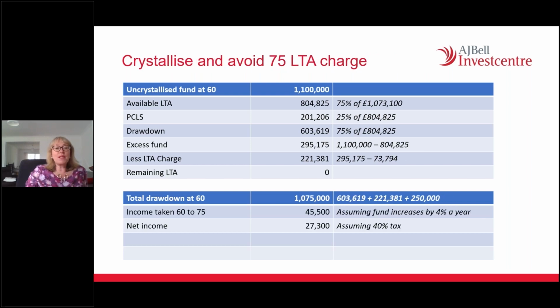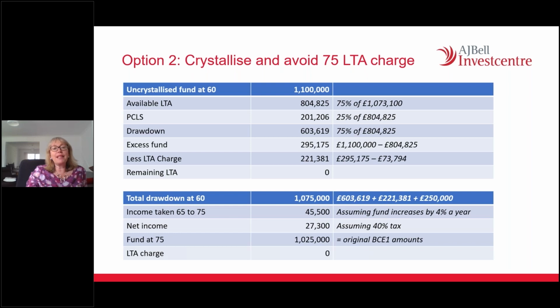He's taking income from that amount over 15 years, and I've assumed he's going to take £45,000, and I'm assuming that the fund is going to increase by 4% a year. If he takes £45,000, then the fund at age 75 will be £1,025,000, which is the original benefit crystallisation events. That's the original amount put in.